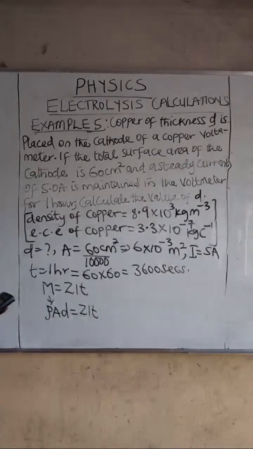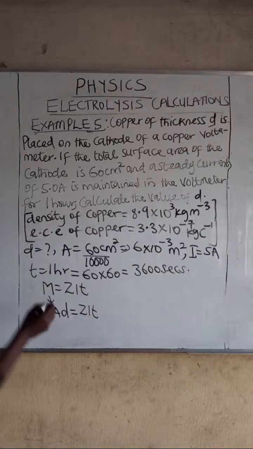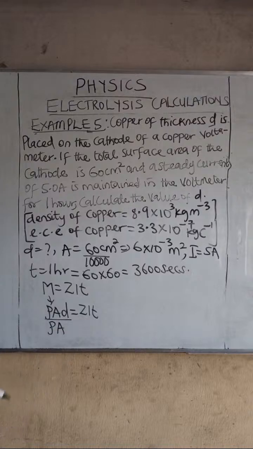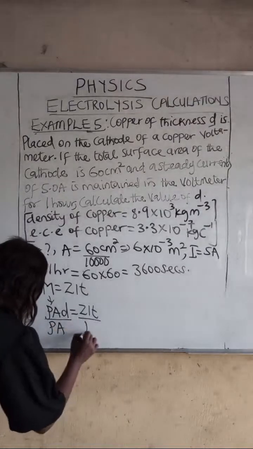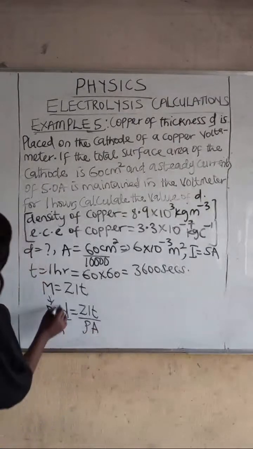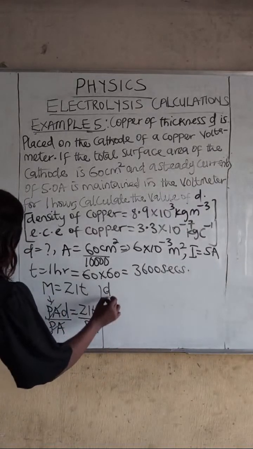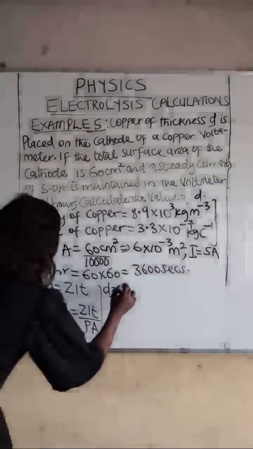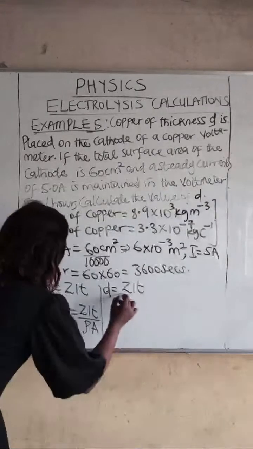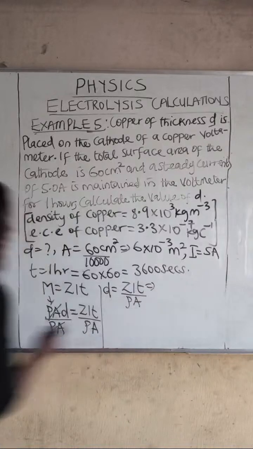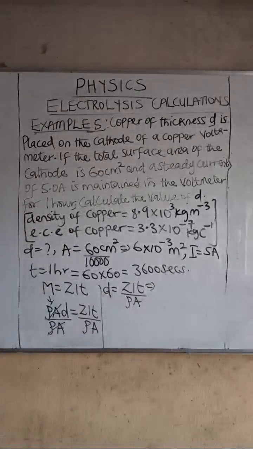Now, because I want to make this the subject, I divide both sides by what? Density, area. This cancels this, so I'm left with D is equal to ZIT all over density, area. Okay? So let's get into work and multiply what we have.